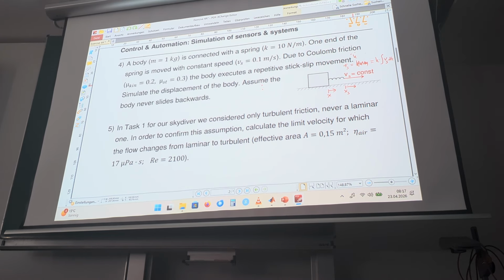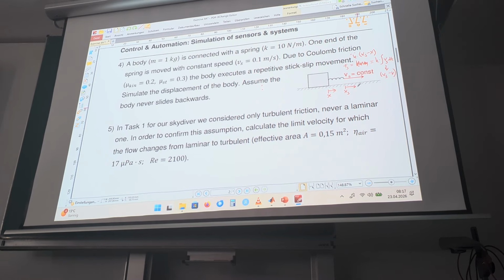Let's rewrite it like this: K times x spring minus x of the block. And here then we also need the velocity of the spring minus the velocity of the block. So always the differences.